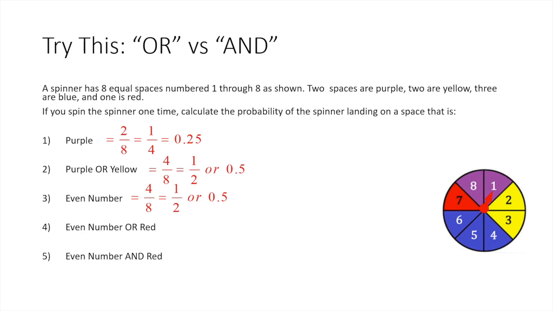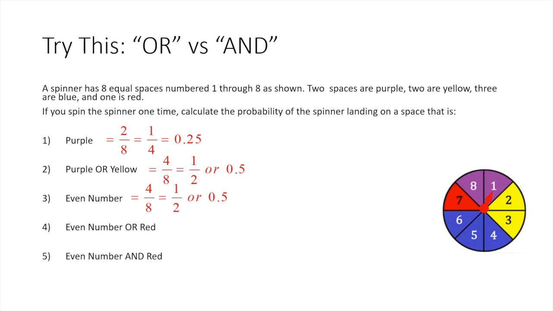So what about number 4, an even number or a red number? So I have 2, 4, 6, 8. Those are my even numbers. Or red. Well, red is 7. That's an odd number. But remember, in this case, since it's an or problem, I'm going to be very inclusive here.